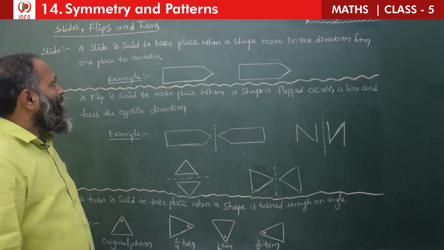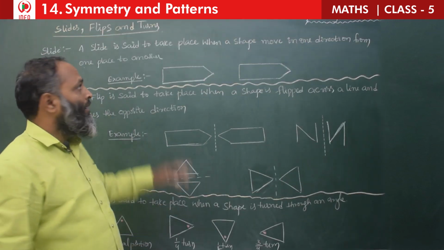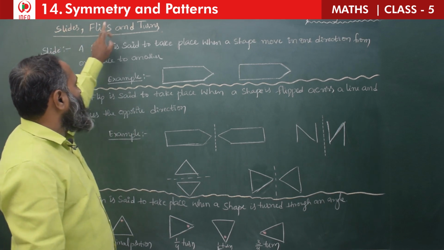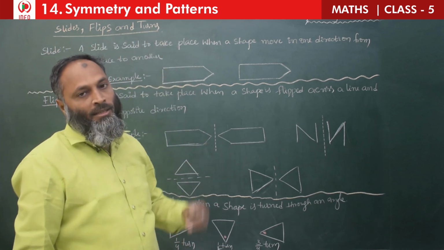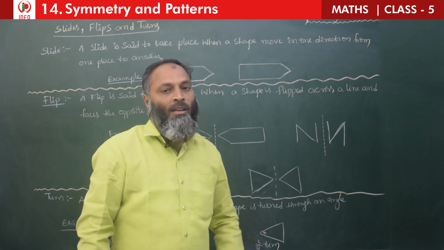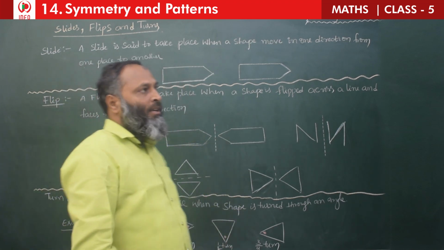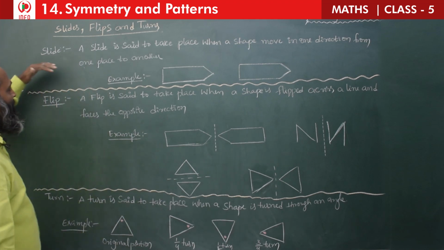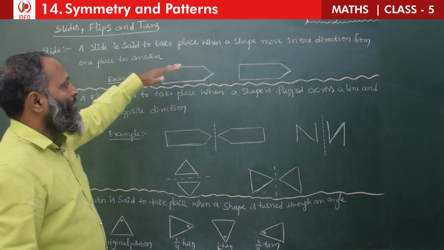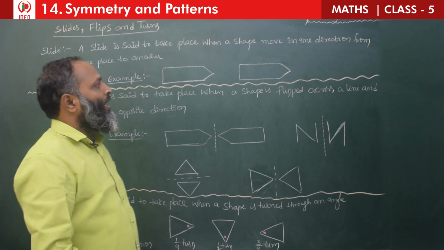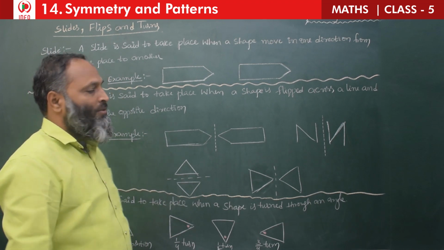Now, students, the next concept: slides, flips and turns. What about slides, what about flips, and what about turns? The first definition, slide. A slide takes place when a shape moves in one direction from one place to another place.